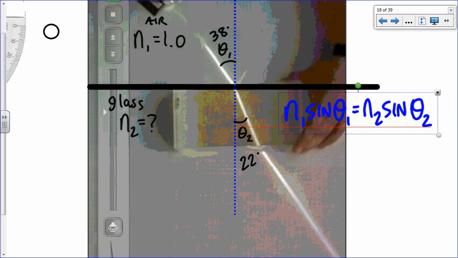All right, so let's start filling things in. n1 is 1.0. We're going to multiply that times the sine of theta 1, which is 38. That's going to be equal to n2, which we don't know, times the sine of theta 2, which is 22 degrees.